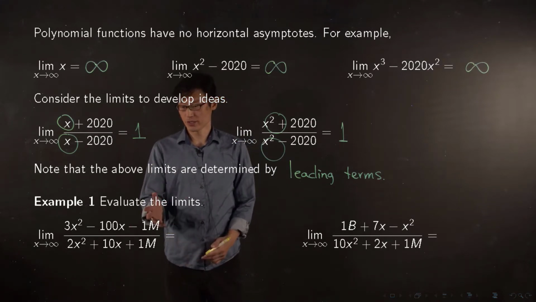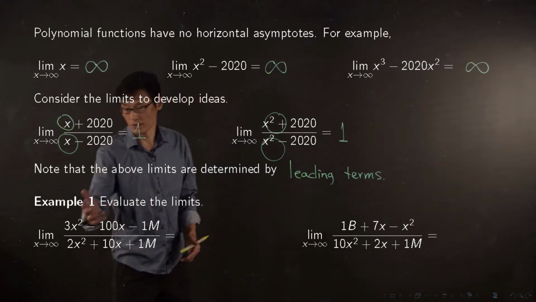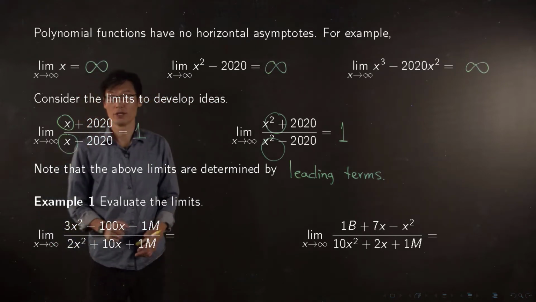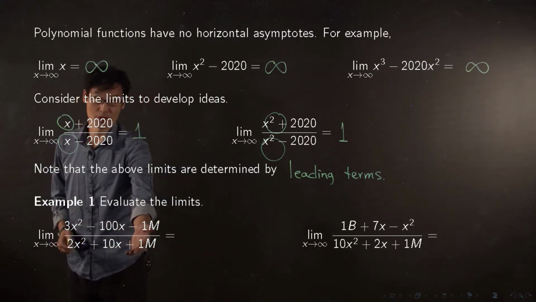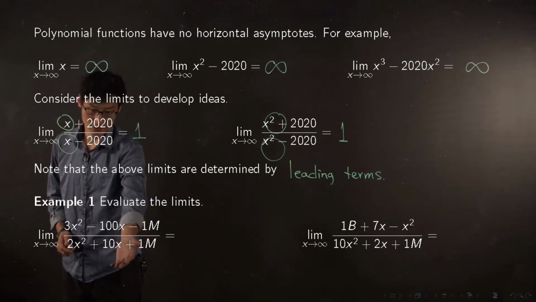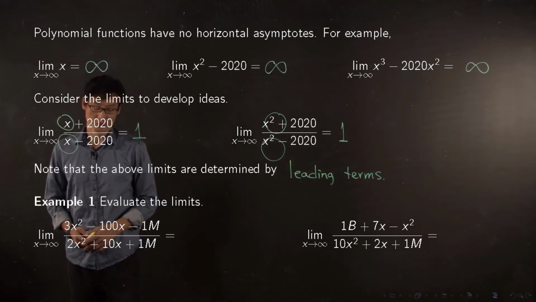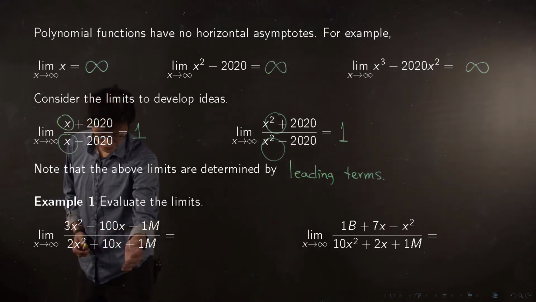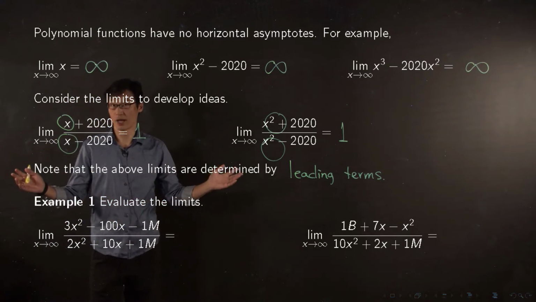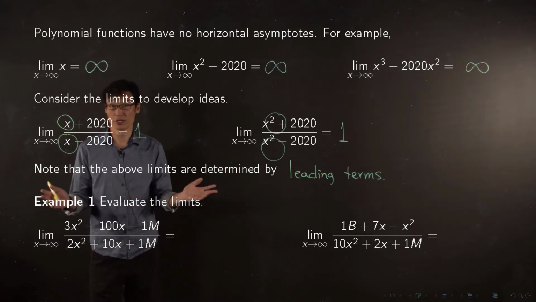Okay, so in this example, we have a quadratic function over another quadratic function. Here, capital M stands for million. So we have 1 million, negative 1 million, and plus 1 million. Although 1 million is a big number, our x can be even larger than that, 1 billion, 1 trillion, and so on.